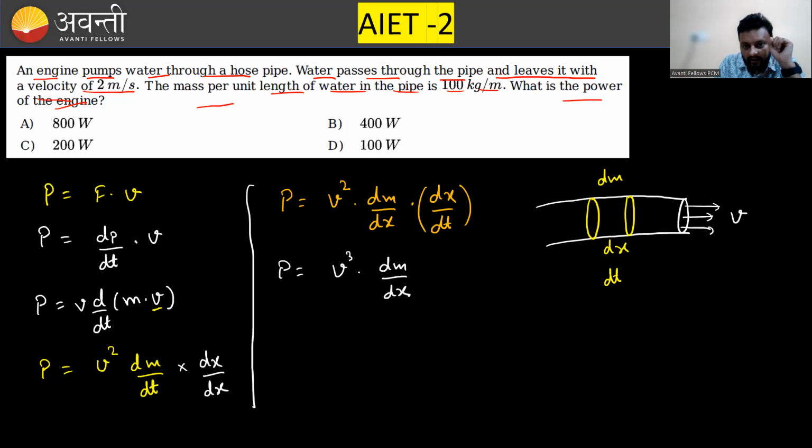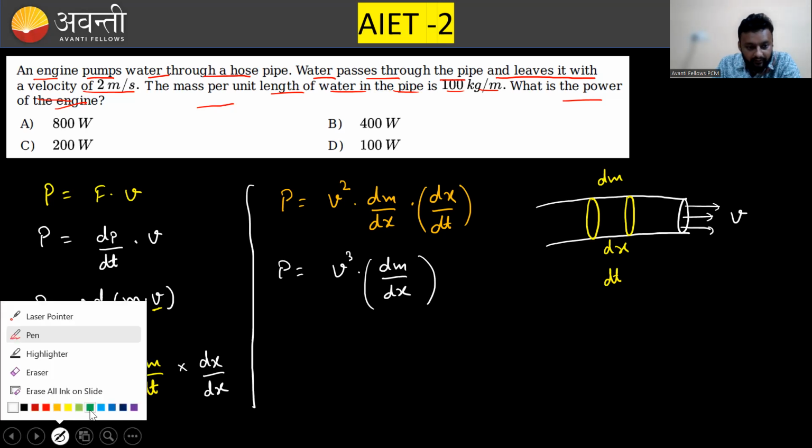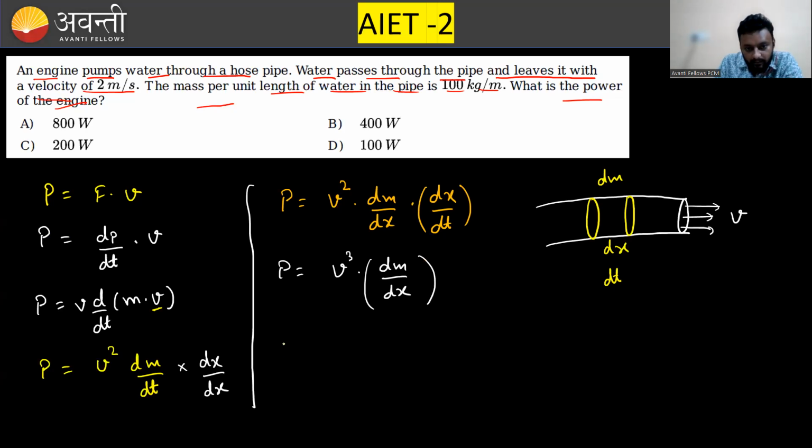dm over dx. Now this dm over dx, you can see that dm is the mass, dx is the length, so dm over dx is mass per unit length. And this mass per unit length is given as 100 kg per meter. Now I will put the values. So after putting the values, you will get a very decent result.